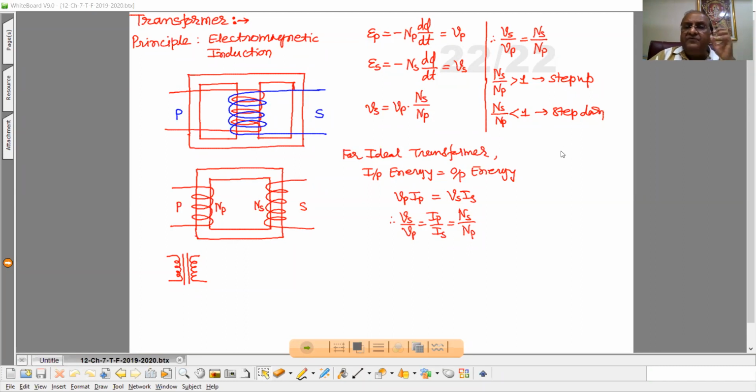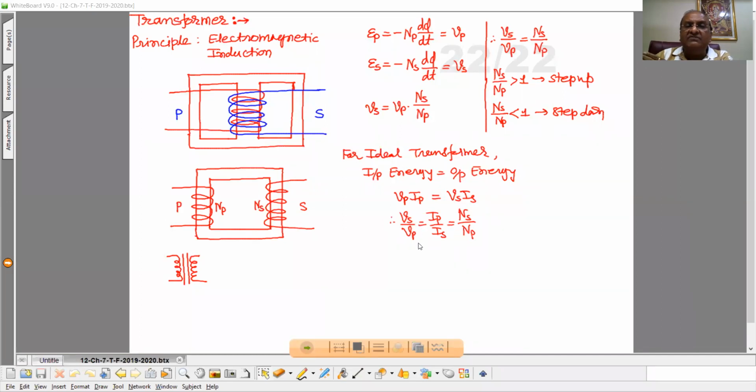Now, if we think about the ideal transformer, then for an ideal transformer, input energy is equal to output energy. So with input supply Vp and input current Ip, we can write Vp Ip equal to output voltage Vs, and suppose the output current is Is, then Vs Is.